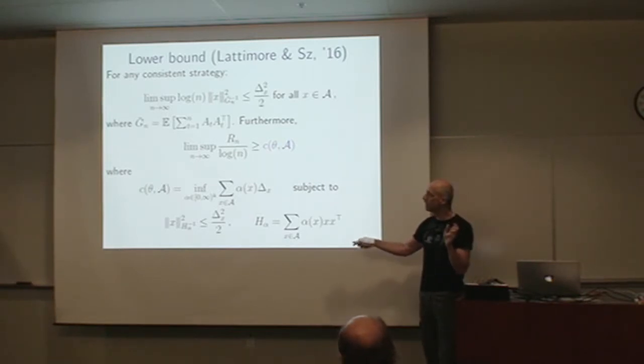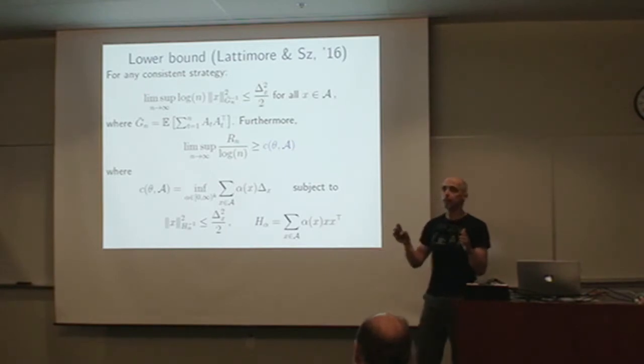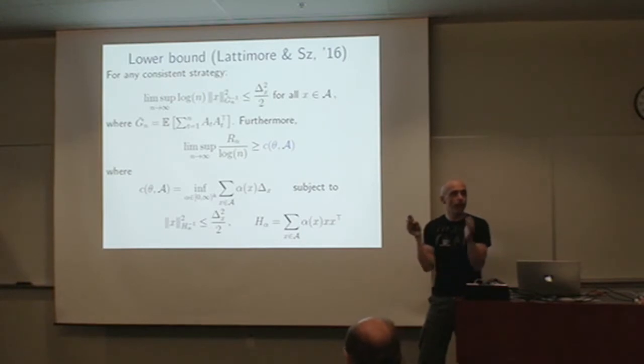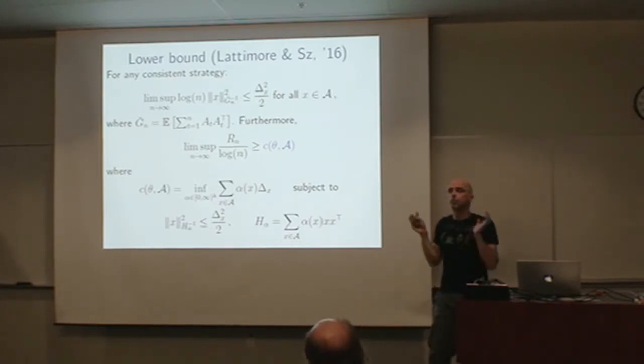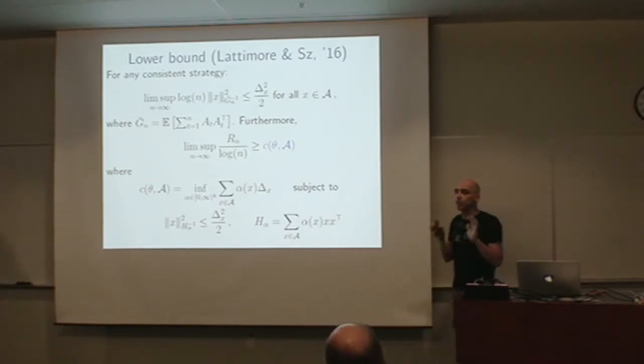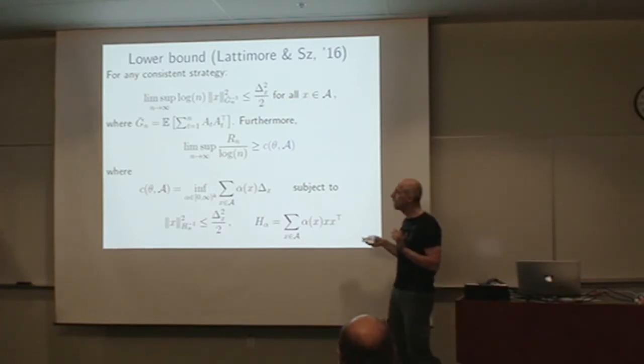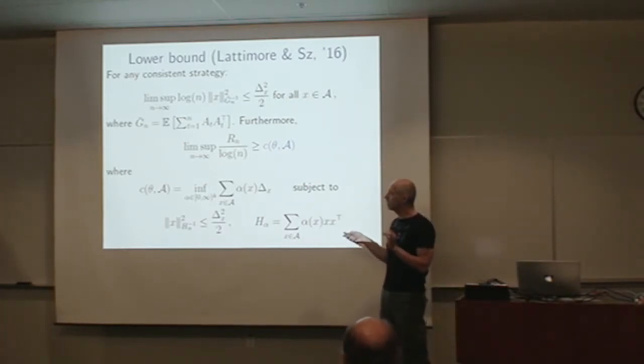The width of that confidence set should essentially stay below the gap between the payoff of that arm and the optimal arm, so the underlying gap. You have to be able to separate your arm from the optimal arm. This is all what it says, right? So you have to do that, but an optimal algorithm is going to try to minimize the regret as well as keeping these information theoretic constraints.